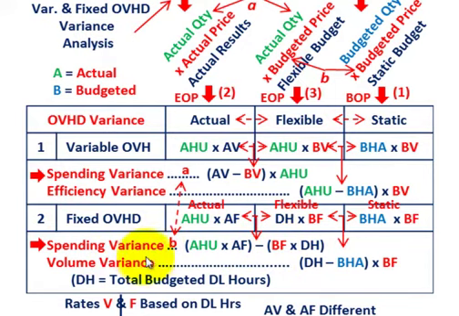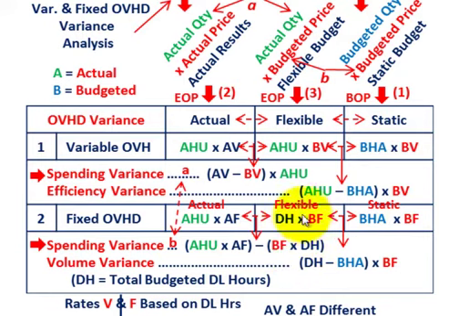And then our volume variance for fixed overhead would just be the difference between our flexible and our static amounts. Our flexible amount, remember, was the total denominator hours for direct labor hours times the budgeted fixed rate. And then the static amount is just the budgeted hours allowed for fixed overhead times the budgeted fixed rate.